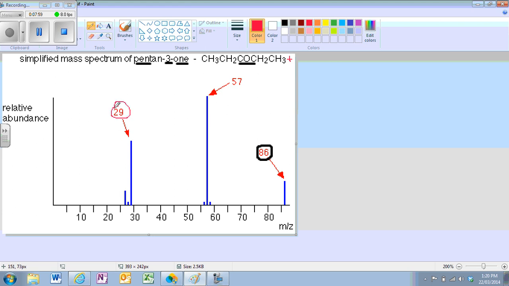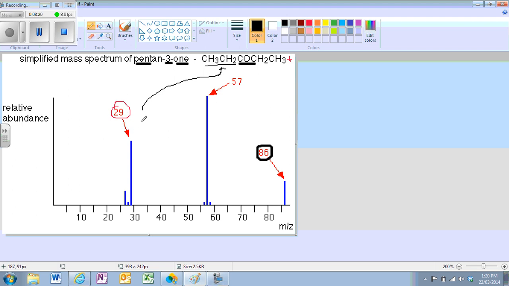29 is one that you'll probably see a bit in a lot of the examples we look at, because if we look at this part of the structure here, the CH3-CH2 group has a molecular mass of 29.